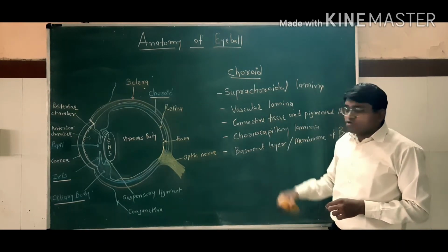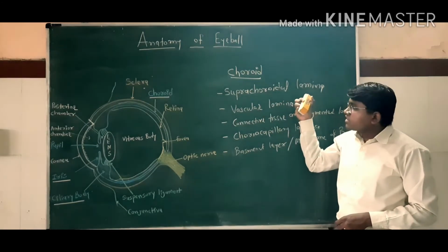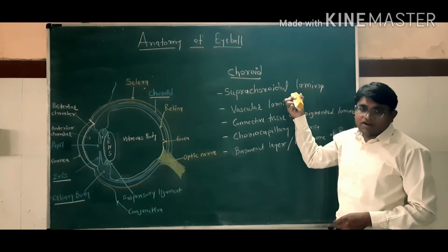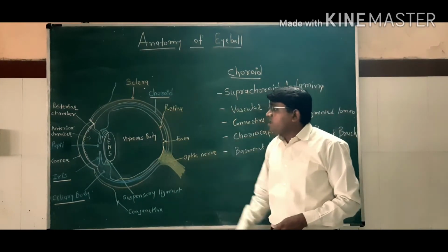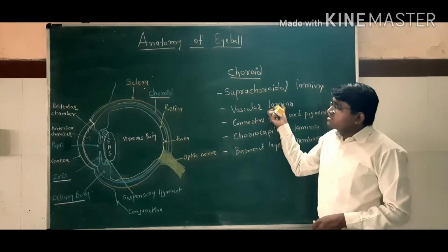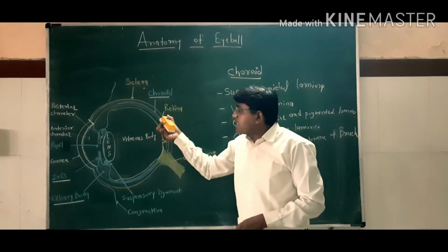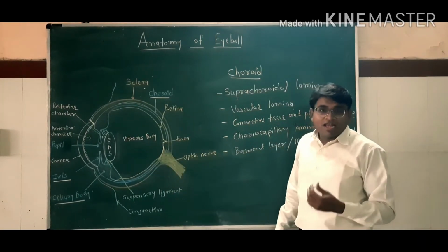On the most outer side there is the suprachoroidal lamina. It is also formed by connective tissue. It is a three-layer connective tissue which separates the sclera from the choroid. Then there is the vascular lamina. We have discussed that this middle layer, the uveal tract, is also known as the vascular layer.